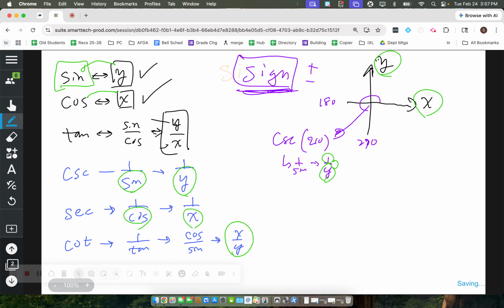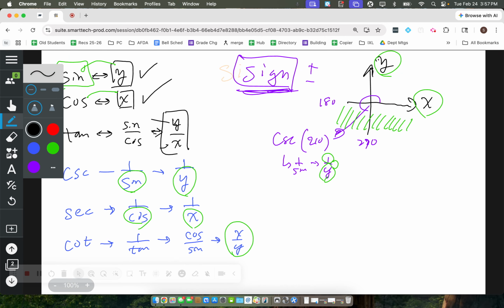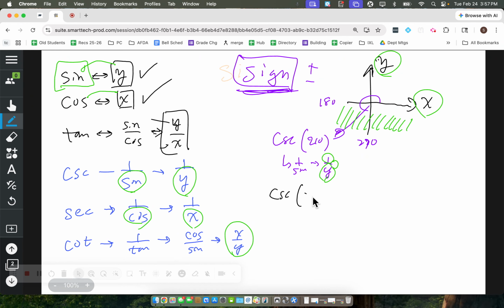The y values are negative down here. So I know cosecant of 210 is going to be negative, just by virtue of the definition. Again, think about sine, think about y, and then think about these two quadrants where y is negative, down here.